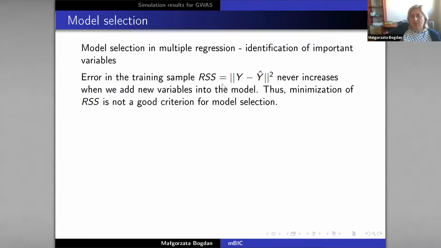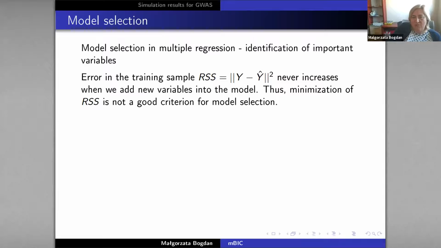The only situation when the residual sum of squares does not go down is when you have algebraic orthogonality between your new variable and your y, or when you have a linear dependence of your x on those x's which are already in the model. Otherwise, even when the x variable which you want to include has completely no influence on your y, your residual sum of squares is going to go down.